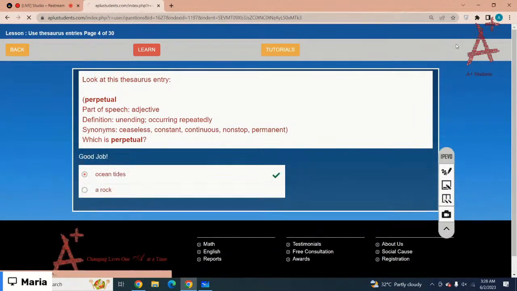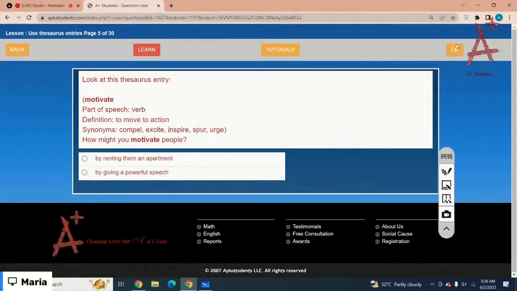Okay, look at the thesaurus entry motivate. Motivate is a verb and it means to move to action. And the synonyms are compel, excite, inspire, spur, or urge. So, how might you motivate people? By renting them an apartment, or by giving a powerful speech. So, how can you motivate someone?